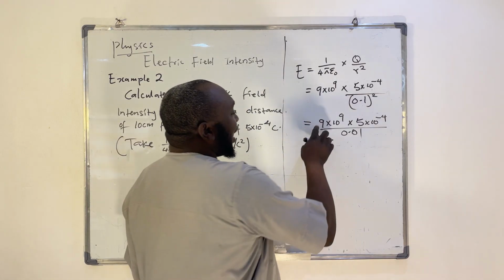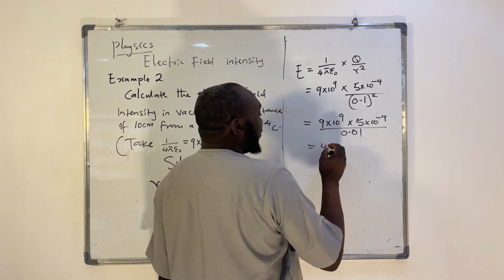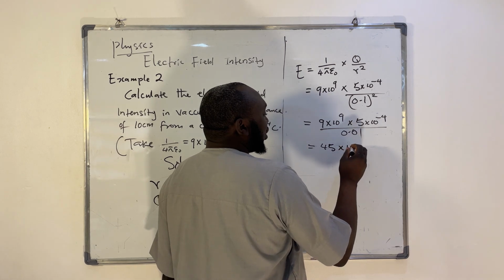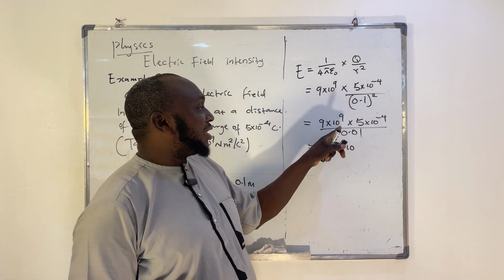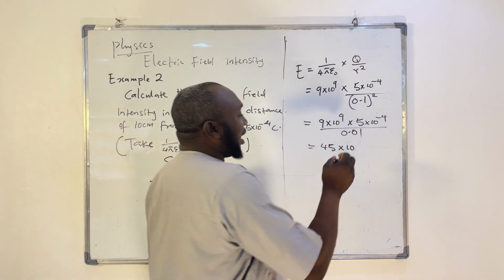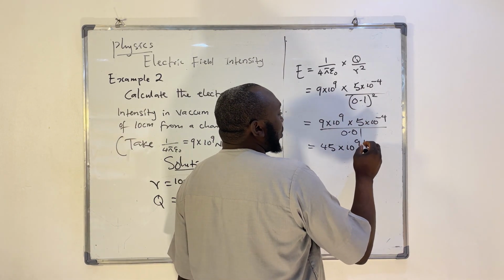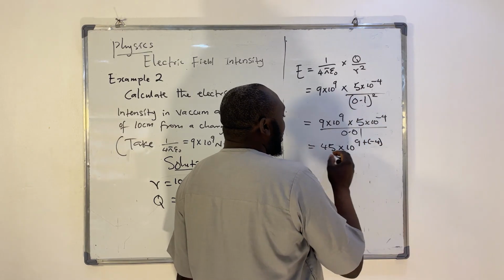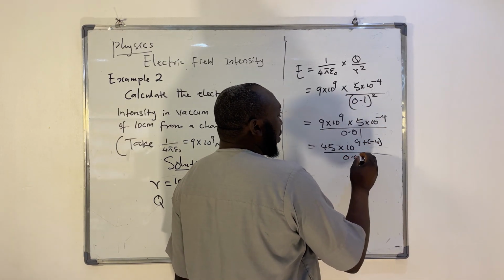Simplify it. 9 times 5 is 45, times 10 to the power. Under indices, for numbers of the same base in multiplication, we add their powers together. That will give us 9 plus minus 4 over 0.01.